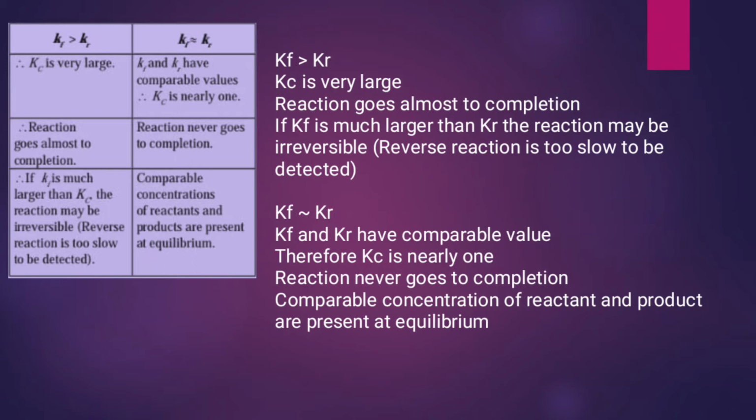Now if the equilibrium shifts in the forward direction, then reactant will form the product. If the equilibrium shifts in the backward direction, the reaction moves backward and the product will form the reactant.